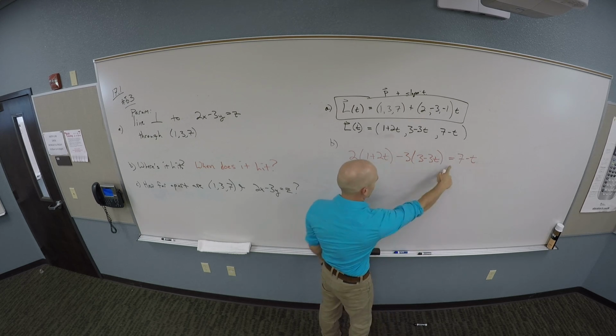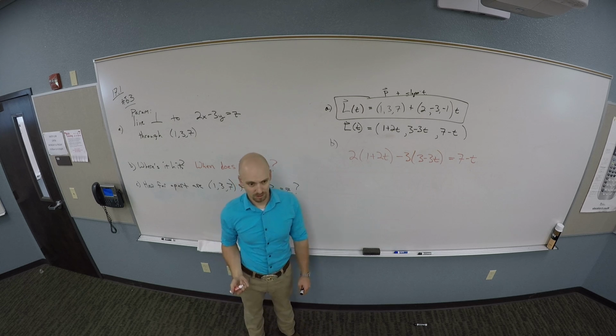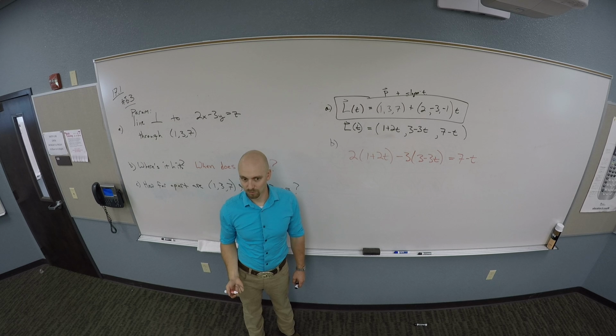And why don't I have a question mark here? I would be putting a question mark if I was worried it doesn't satisfy the equation. Here I have a variable though.